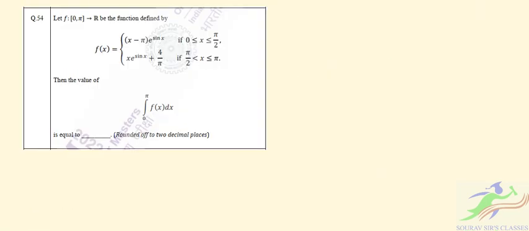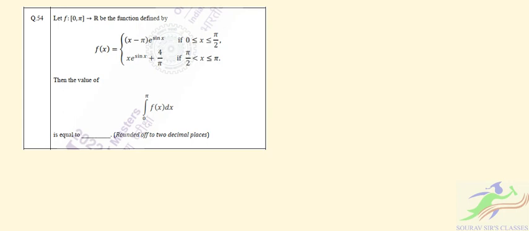So question number 54. Let f be a function on the closed interval 0 to pi in the real space, defined by f(x) in the range x equal to 0 to pi by 2, and another function for pi by 2 to pi. So we have to find the value of the integral from 0 to pi of f(x) dx.